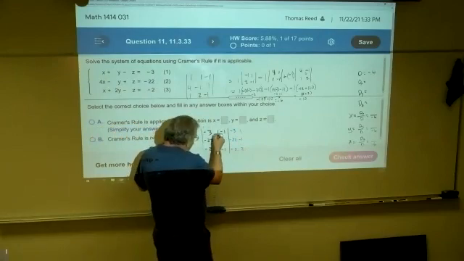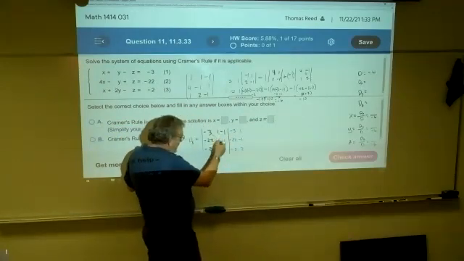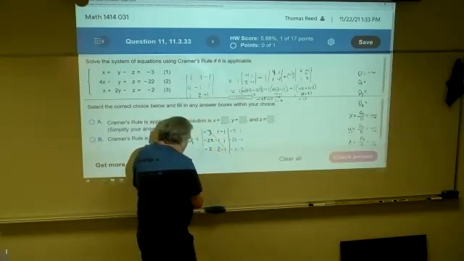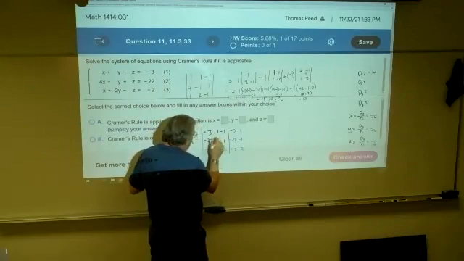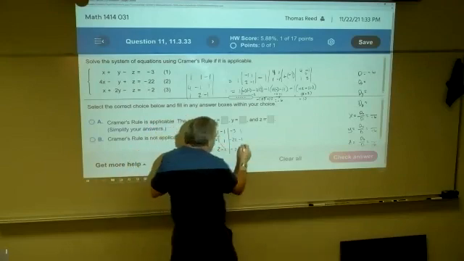And so now this diagonal here is the main diagonal. So 3, negative 1, and negative 1.